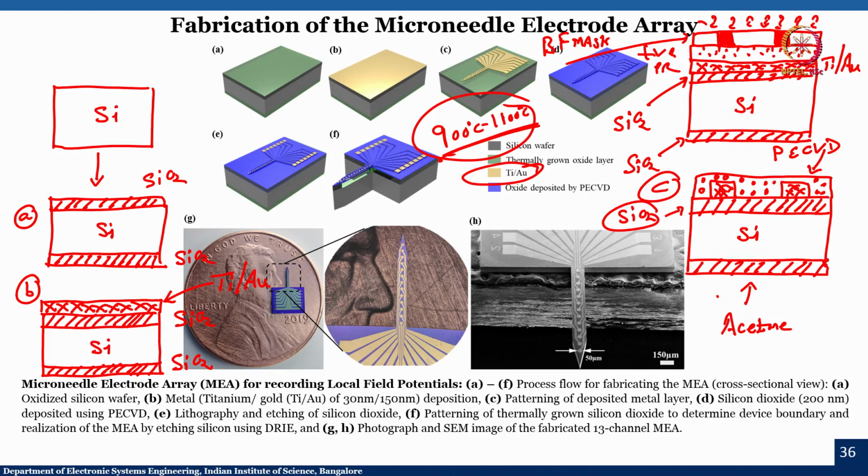To avoid that, in this case 900 to 1100 degrees centigrade, we go for an alternative technique of growing. This 900 to 1100 degrees centigrade is for thermal oxidation.